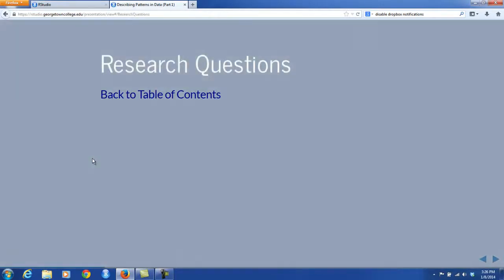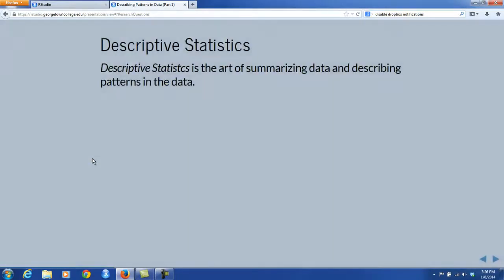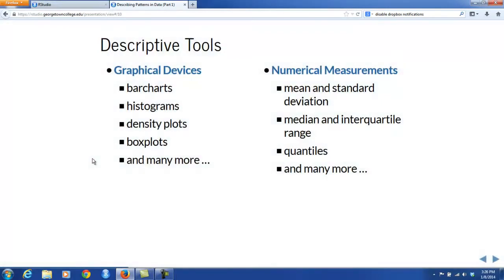So the next section is research questions. Right now we're in the part of statistics that's called descriptive statistics. This is the art of summarizing data and describing patterns in the data. The tools you'll have at hand for descriptive statistics are of two types.